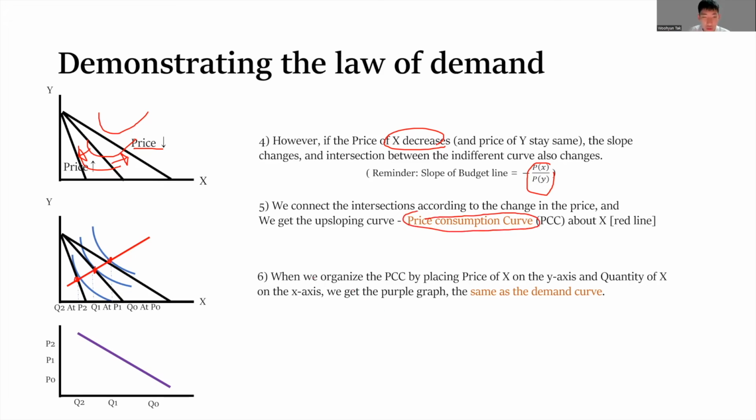We're almost done. However, this is the relationship between good X and good Y. But we want to know the relationship between the price of X and the quantity of X. So using the points in this graph, we will reorganize it into this form, with the quantity of X on the x-axis and the price of X on the y-axis.